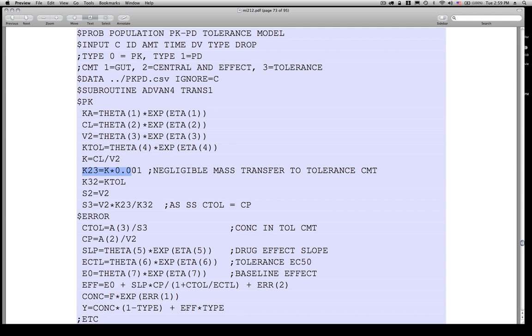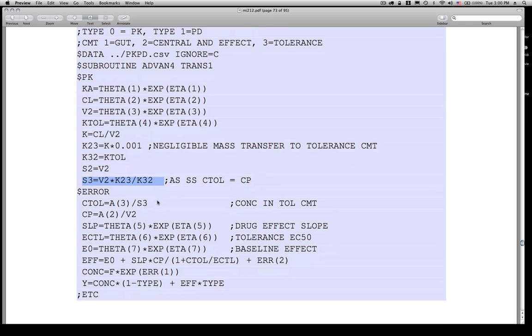And again, mass transfer from the central compartment to this formation of tolerance has to be negligible, so we anchor that down as 1/1000th of the exit rate constant. And K32 is equal to the tolerance rate constant. Again, we'll set up this equality so that we're interpreting concentration in the tolerance compartment in the same order of magnitude as concentration in plasma.